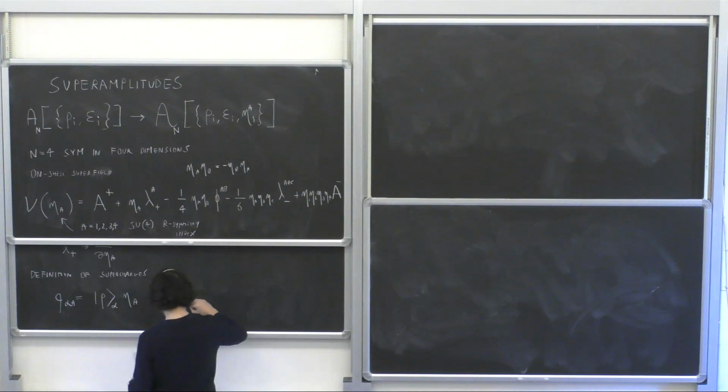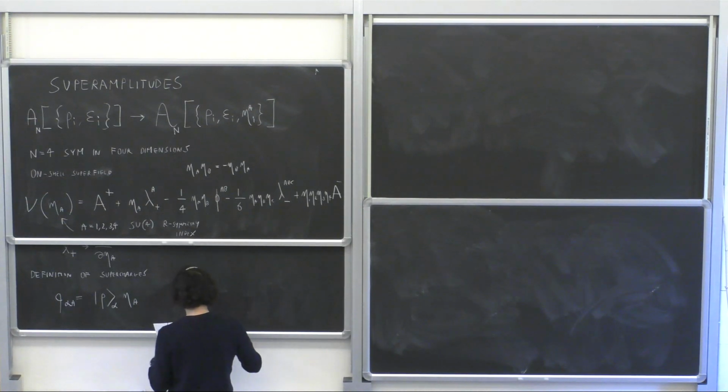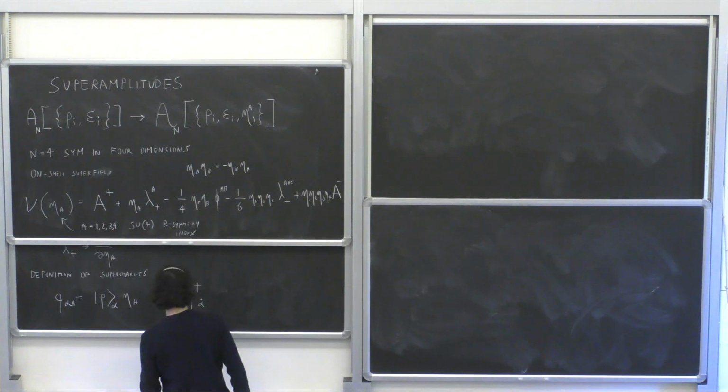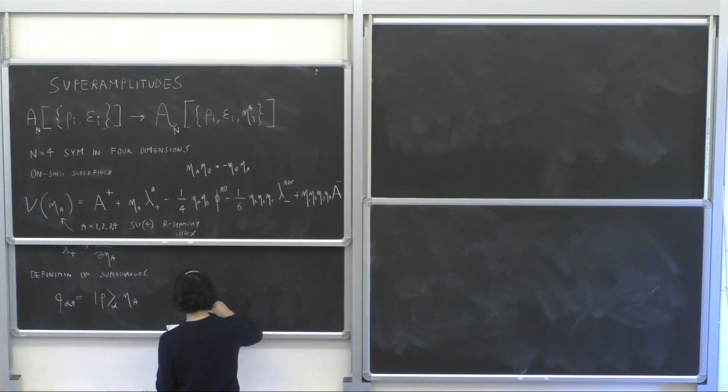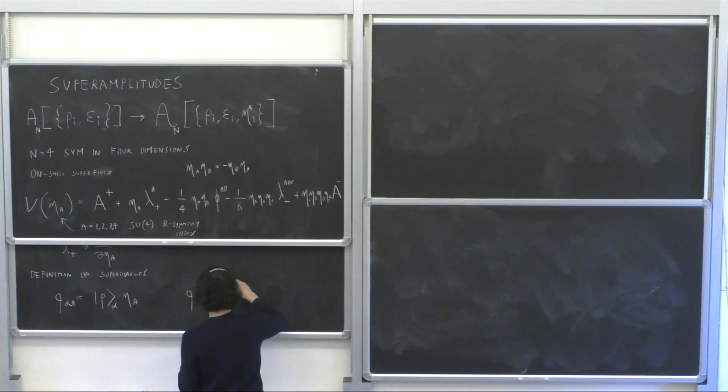A second way of defining this, or a second supercharge here, can be defined in terms of the square spinor.